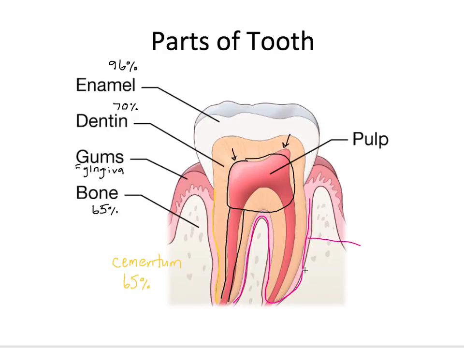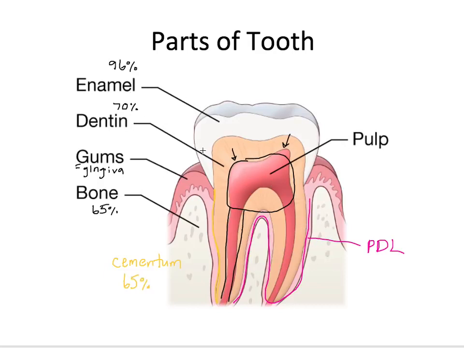This structure that connects the tooth root to the bone is called the periodontal ligament, which for short we'll say PDL. Now, ligaments usually connect bone to bone, like the ACL that you hear a lot about in sports, but here the ligament is connecting a tooth, which is not technically a bone, and the bone of the jaw.